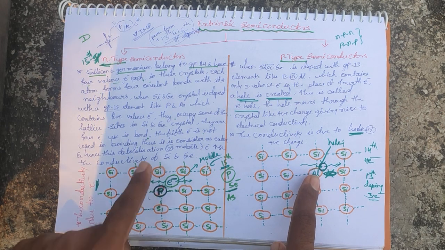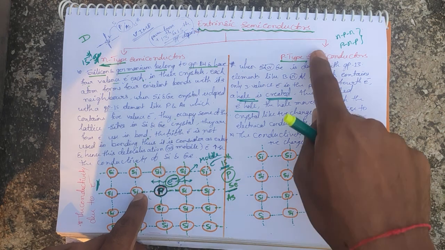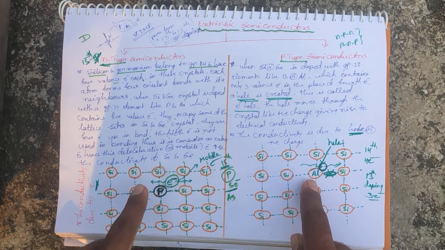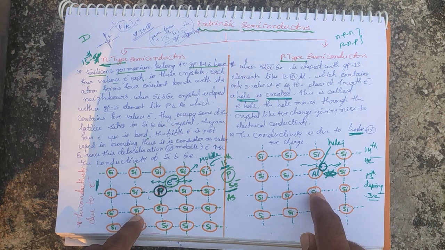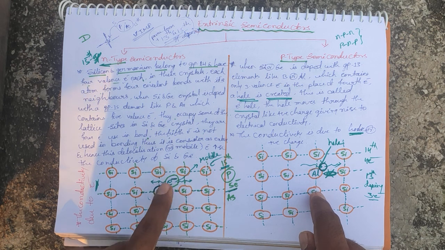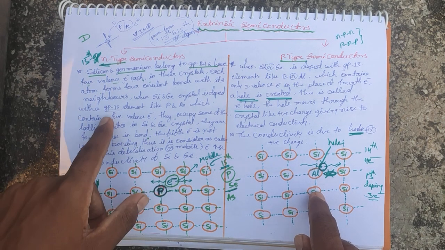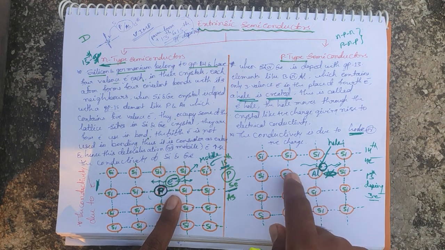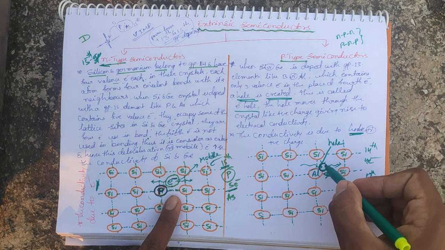In n-type we add a 15th group element, in p-type we add a 13th group element. Silicon already has 4 electrons. Here a 15th group element means 5 electrons; 4 electrons bind with the 4, but 1 extra electron is left. Therefore, this electron will conduct electricity. Here, adding a 13th group element, 3 bonds are formed and 1 is not bound, so it forms one hole.